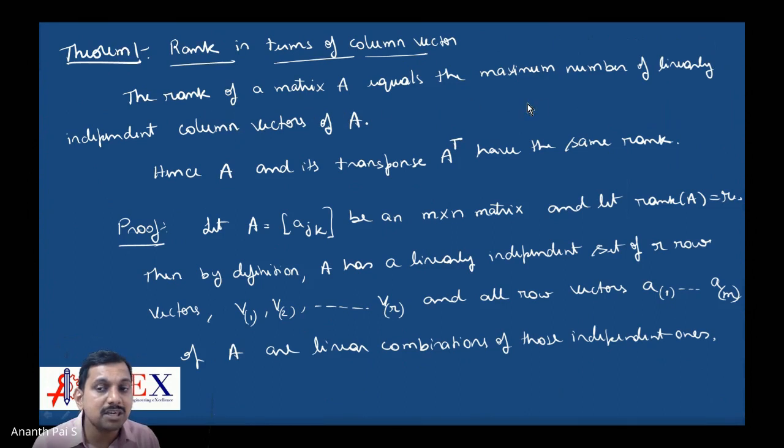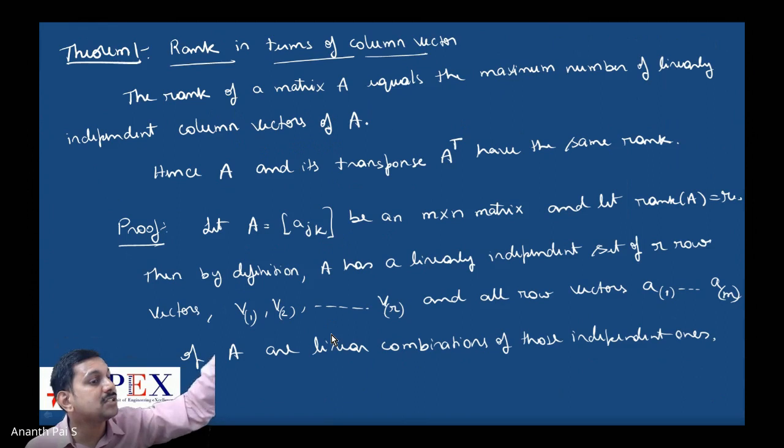Rank of a matrix equals the maximum number of linearly independent column vectors. It also means the minimum size of a non-zero square determinant.